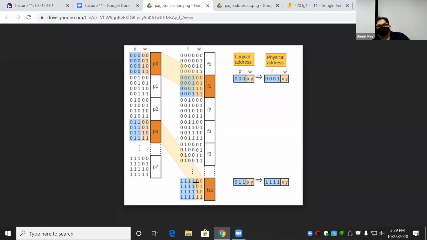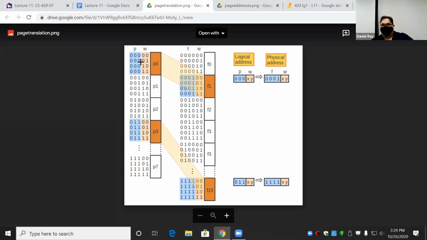Maybe it's a stupid question, but if page 000 maps to frame 0001, where does the 1 come from? You mean 000 to 0001? Yeah. This P is the page number, which remember is the chunk of memory in the logical address space. There's going to be a bunch of page zeros, because effectively every process is going to have its own page 0, right?